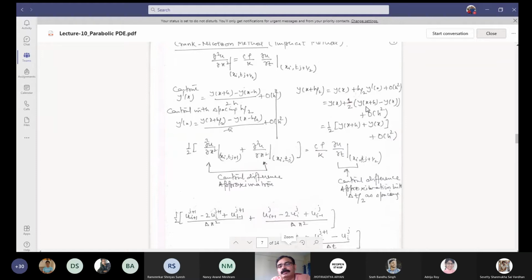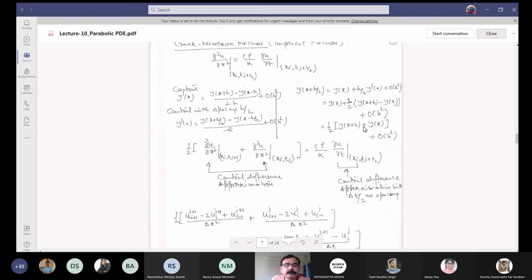So this is your 1 by 2 of y x plus h minus y x and plus capital order h square. So this is your 1 by 2 of y of x plus h, and then plus y of x minus y of x. Half of y of x gets cancelled out here with half, so plus half will be there. So that is the reason that you get the average of this y of x plus h plus y of x. Is this clear?